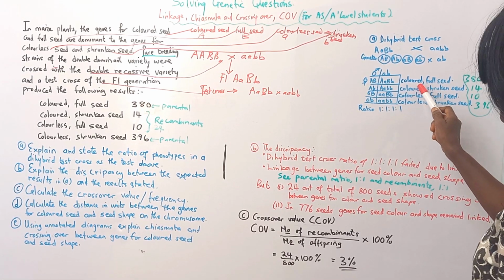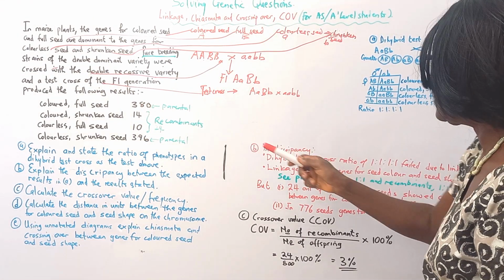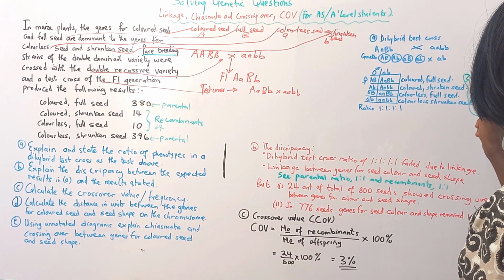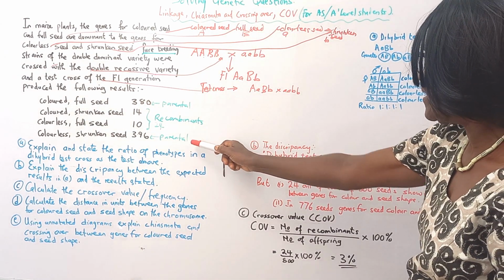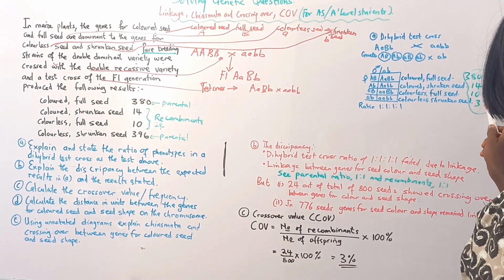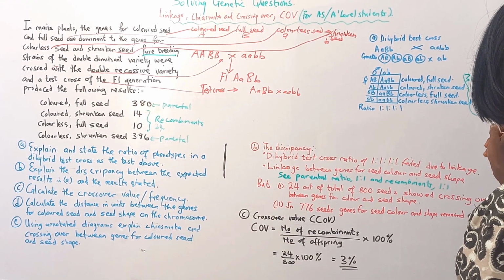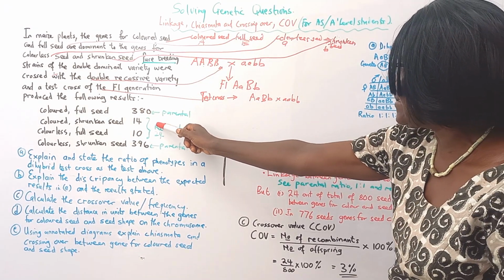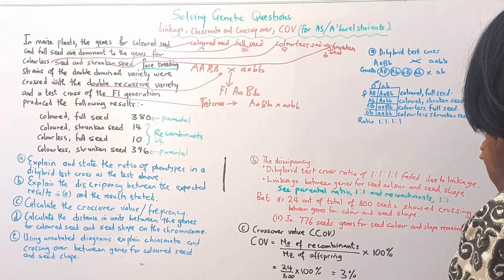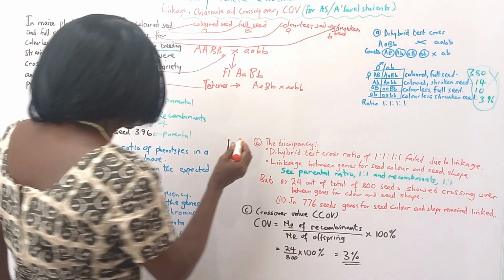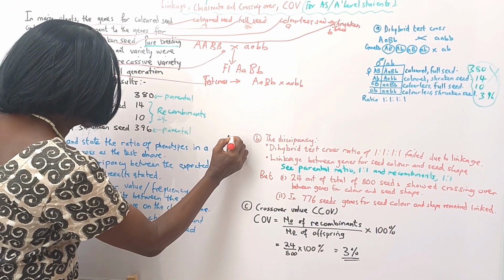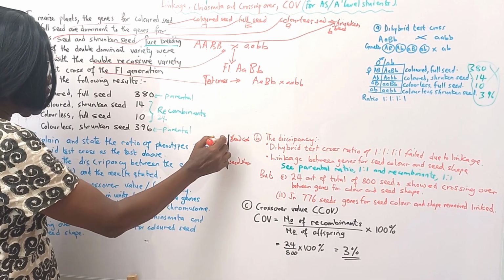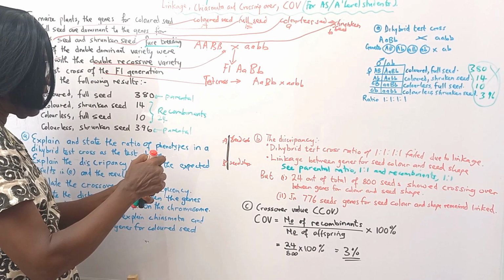But in what we got, the discrepancy is that the parentals, colored full seed 380 and colorless shrunken seed 396, seem to be in a 1:1 ratio, and the recombinants, 14 and 10, are almost 1:1. There's linkage between the genes for seed color, that is A, and seed shape. The two genes are on the same chromosome.